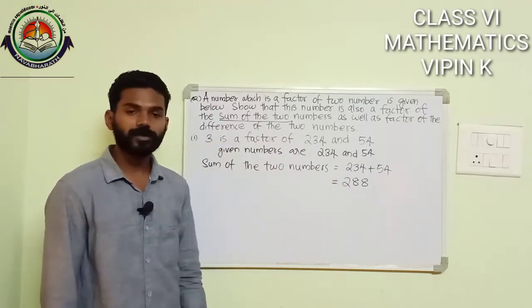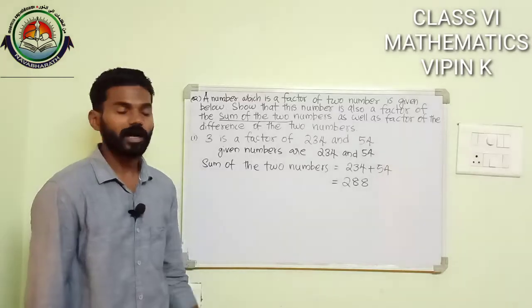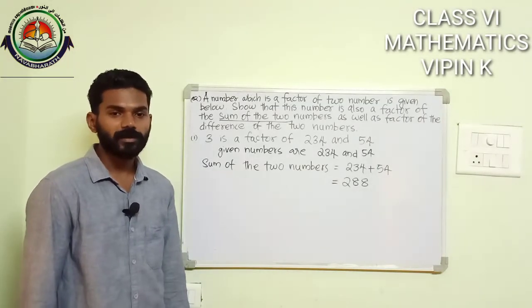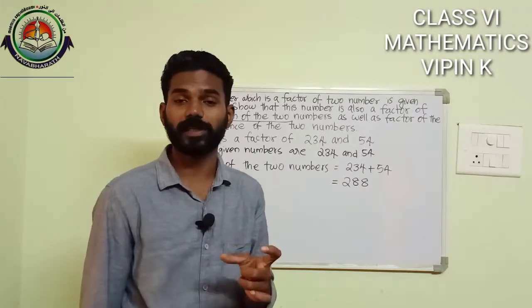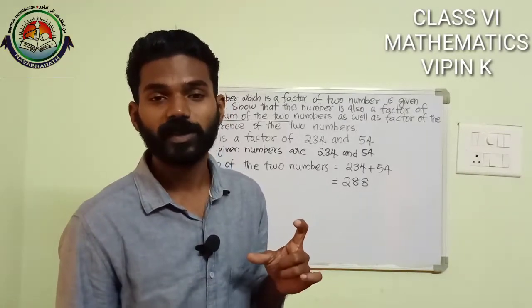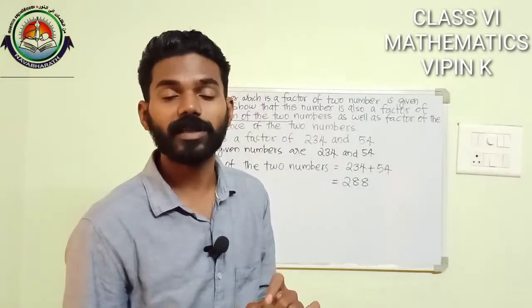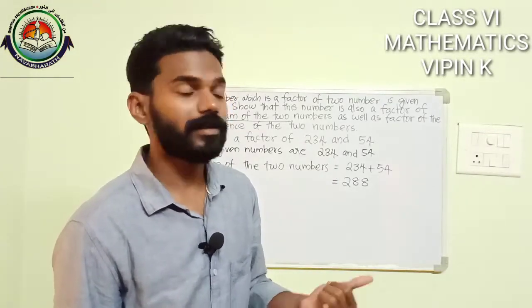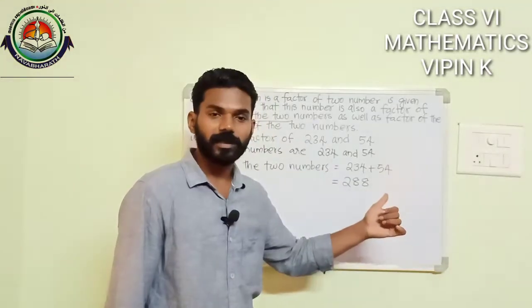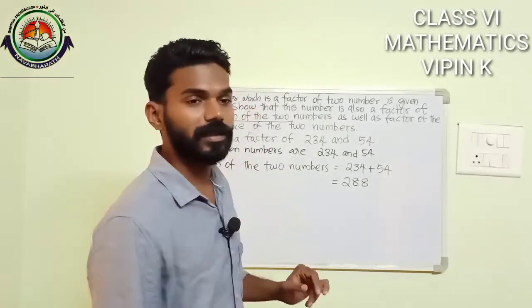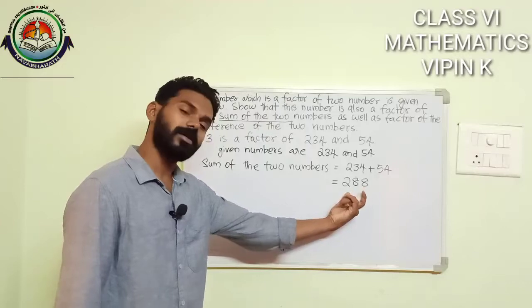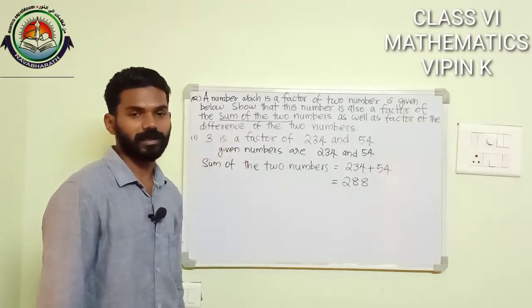Okay. Now you need to show that 288 is divisible by 3, or 3 is a factor of 288. Okay, how can you say it? For checking the divisibility by 3, we need to find the sum of the digits. And if the sum of the digits is a multiple of 3, then that number also would be divisible by 3.